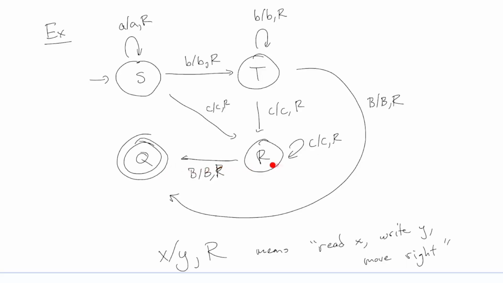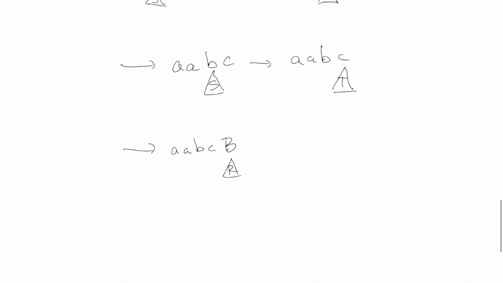Okay, now I'm in state R, looking at the blank. That's this arrow, B/B, R from state R. I'm reading a blank, so it should stay as a blank. The head should move to the right again by one position and move into state Q. So actually this goes even further down into the blanks. It's over here now in state Q, all right?